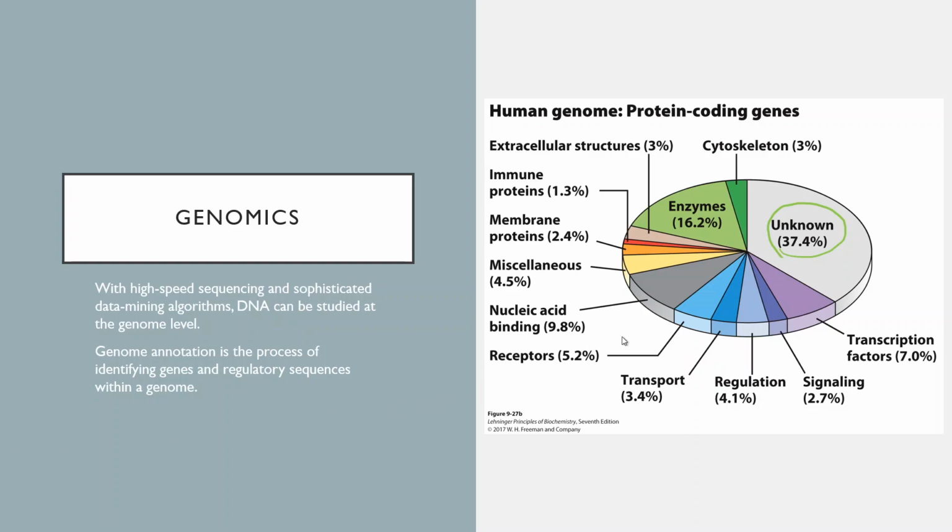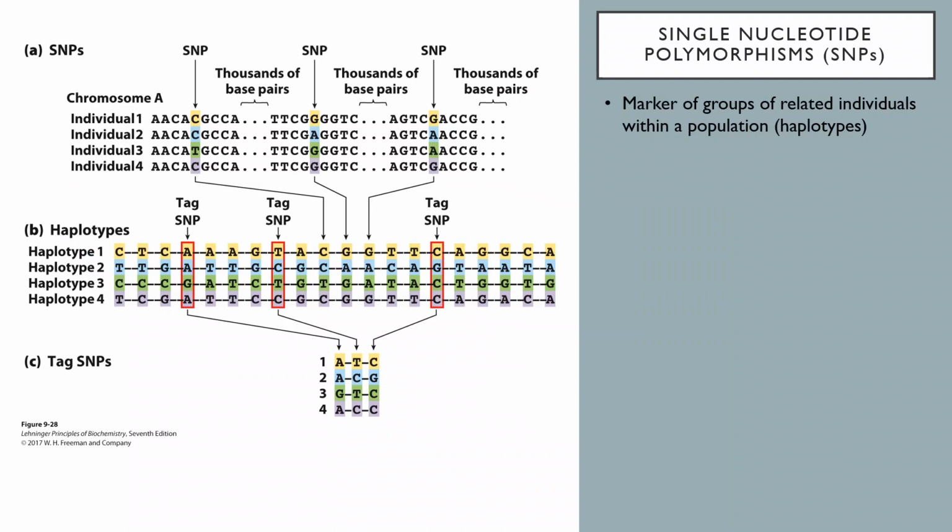Now, once you have the entire genome of an individual, of a species, then you can start looking at other aspects of that genome that may not have anything to do with genes themselves. One important type of marker that you can look for in a population of genomes, once you have multiple genomes from the same species, is locations within the genome where individual bases vary from one person to the next.